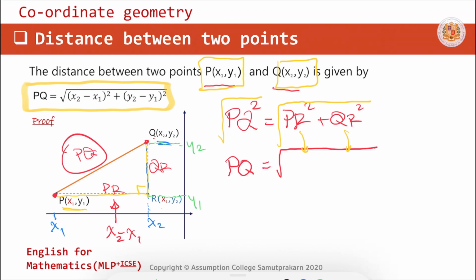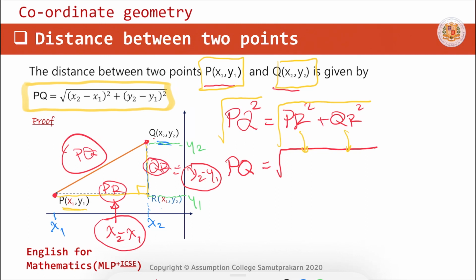So QR then would be y2 minus y1. Then we can just use this (x2, y2) rather than using PR. In a similar idea, we can just use y2 minus y1 instead of using QR here.